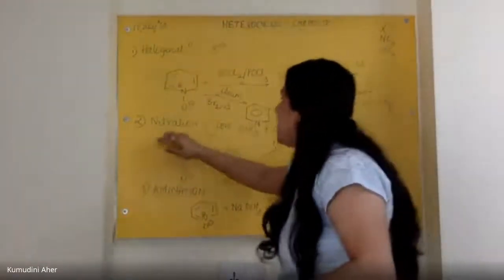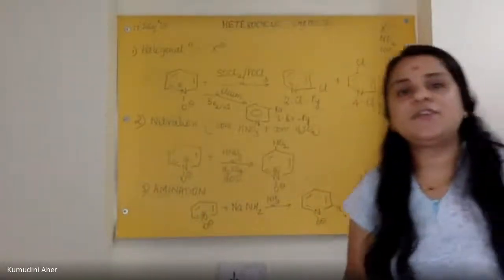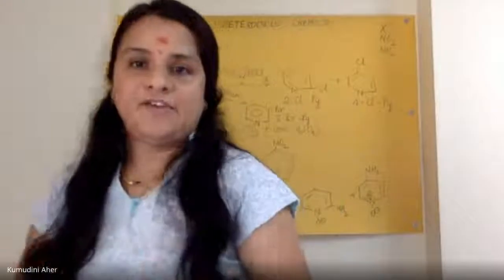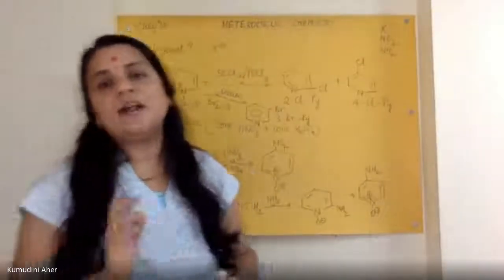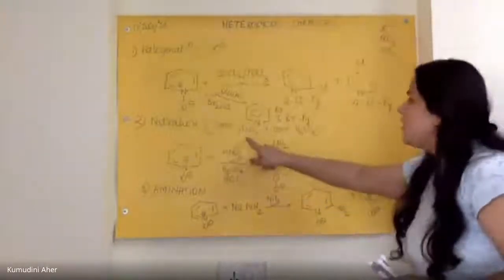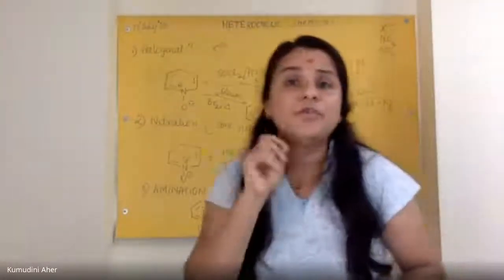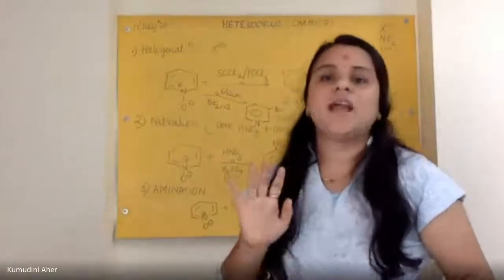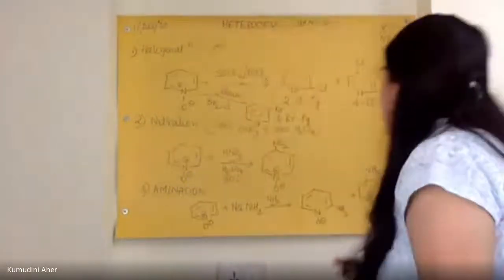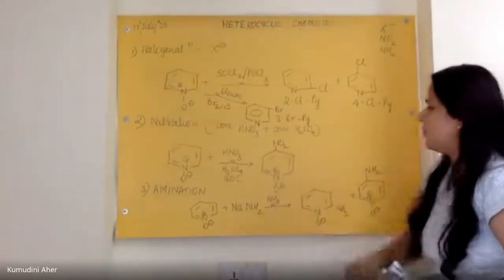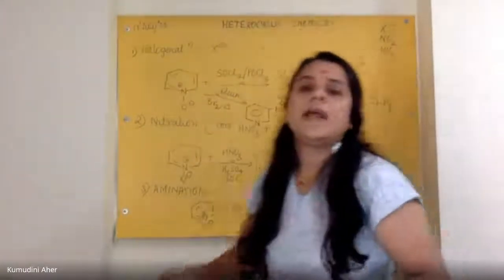Next reaction is nitration. Nitration takes place only in the presence of concentrated nitric acid and concentrated sulfuric acid at high temperature. So, over here, my nitric acid should also be fuming nitric acid. Then and only then your nitration reaction will work out. So, this is going to give rise to a nitro group at the 4th position. Third chemical reaction is amination.